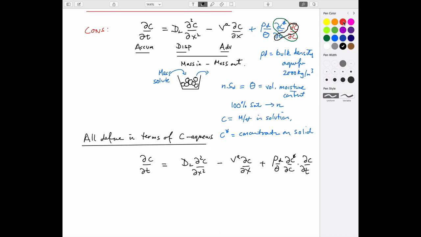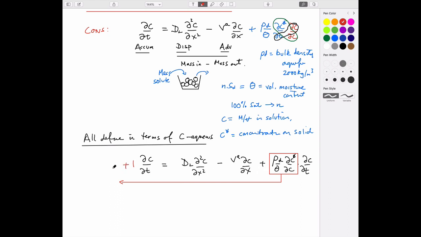So that's what we've attempted to do. And it's not very difficult for us to take this term here, which we've newly defined, and take it over to the other side. And so this will become 1 plus this term here.